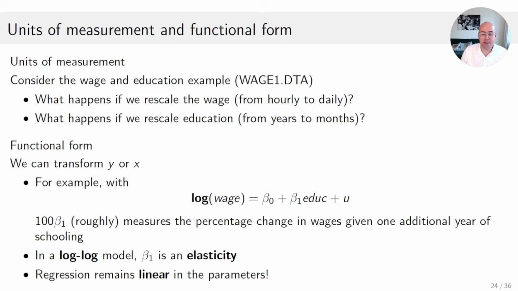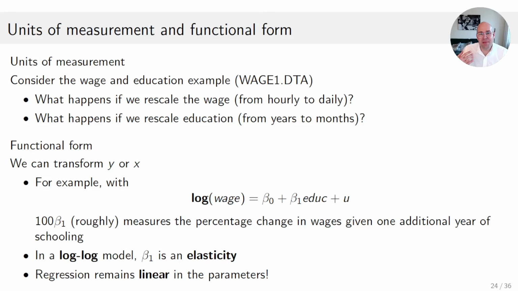What happens to the intercept? Well, it's also multiplied by 8. But you can already see from this that if you just rescale the wage, all it will do is it will take your estimates from before and will rescale them 1-to-1. What happens if we rescale instead education from years to months? Well, something similar happens.